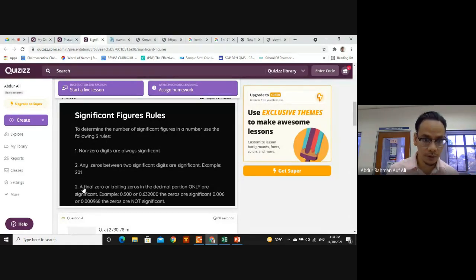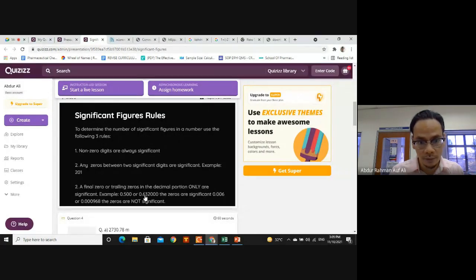Okay, rule number 3, a final zero or trailing zeros in the decimal portion only are significant. So kosong yang di belakang, trailing zeros will only be significant kalau ada decimal point, titik perpuluhan. So example 0.500. So 00 di belakang adalah significant.